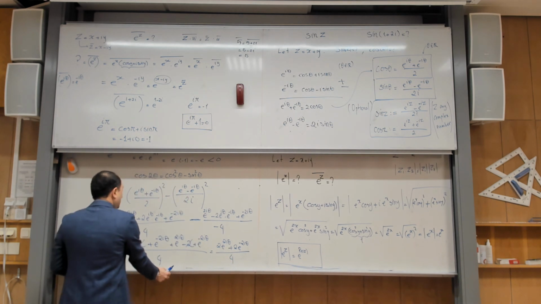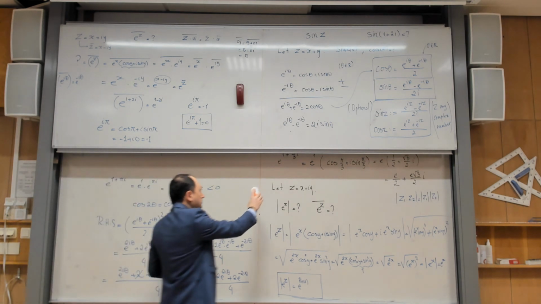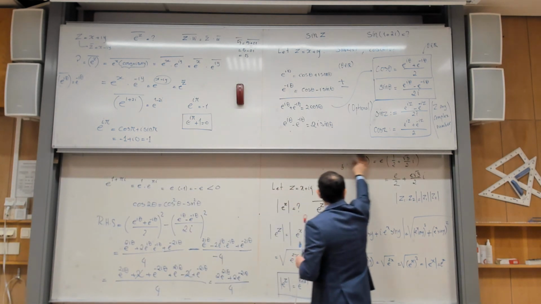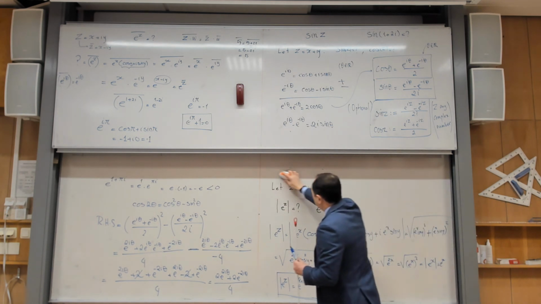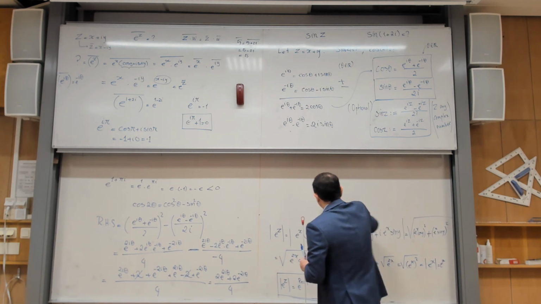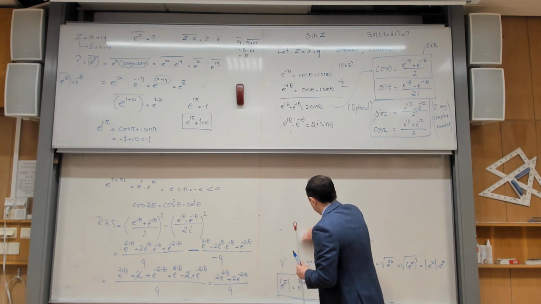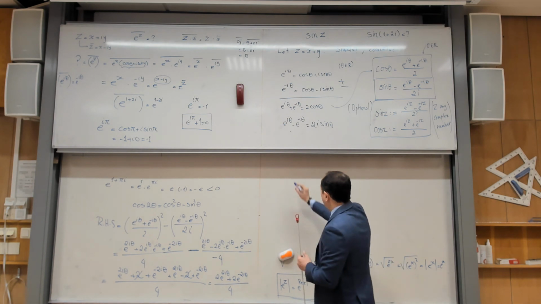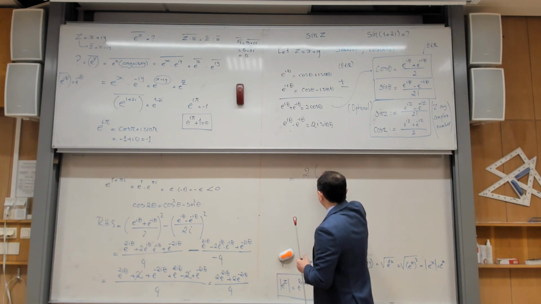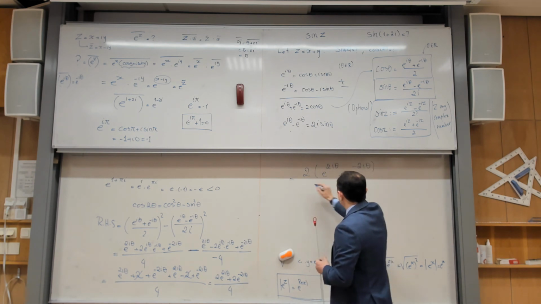Yes? But now what I can do, I can factor a 2 out in the numerator. It becomes e to the power 2i theta plus e to the power minus 2i theta divided by 4.